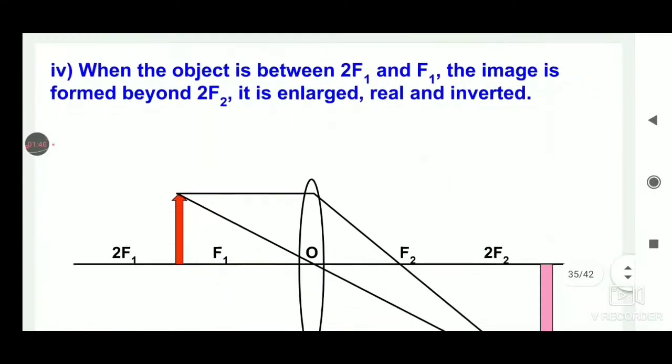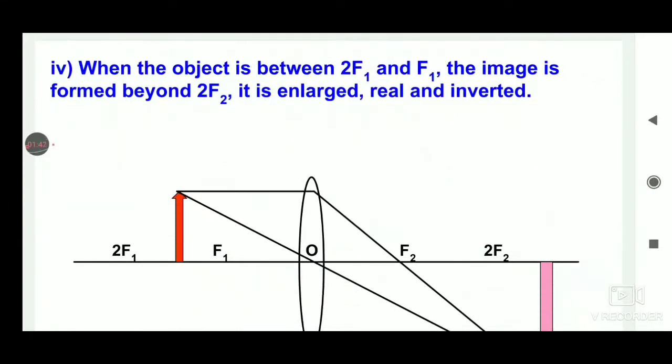Fourth case, when the object is placed between 2F1 and F1. अब क्या होगा, जैसे ही ऑब्जेक्ट 2F1 से आगे चला जाएगा, इमेज का साइज़ इंक्रीज़ होना शुरू हो जाएगा.